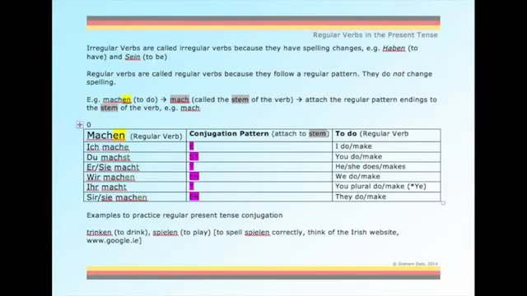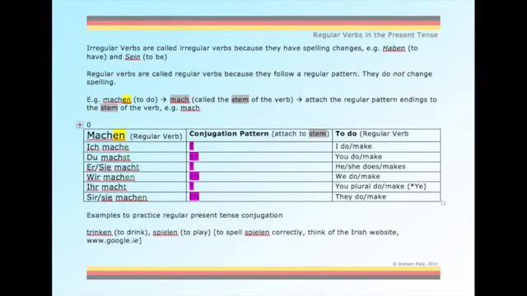Underneath these three, I want you to write wir, W-I-R. Underneath wir, I want you to write ihr, I-H-R. And then underneath ihr, I want you to write sie, S-I-E. This ich, du, er, wir, sie are what tell you who or what person is doing something in a sentence.